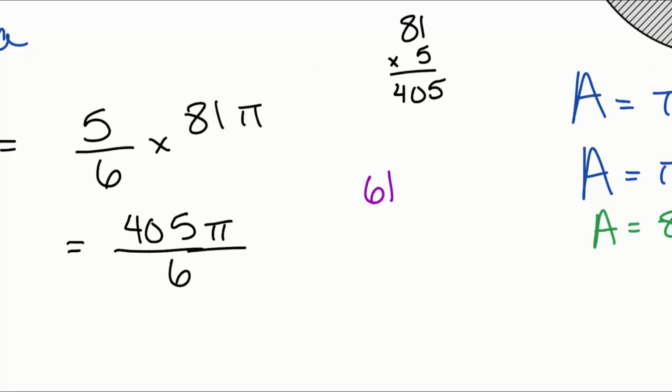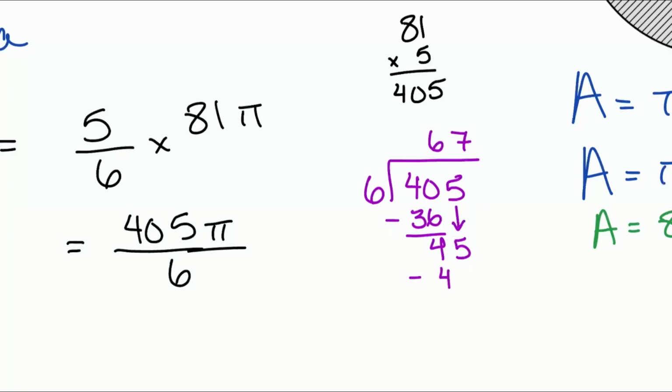So here's 6 going into 405. 6 goes into 40, 6 times, minus 36, with 4 remaining. We'll drop the 5. 6 goes into 45. That'll be 7 times. We will subtract 42 because 6 times 7 is 42, giving us 3 left over. I'll continue on by dropping a 0.